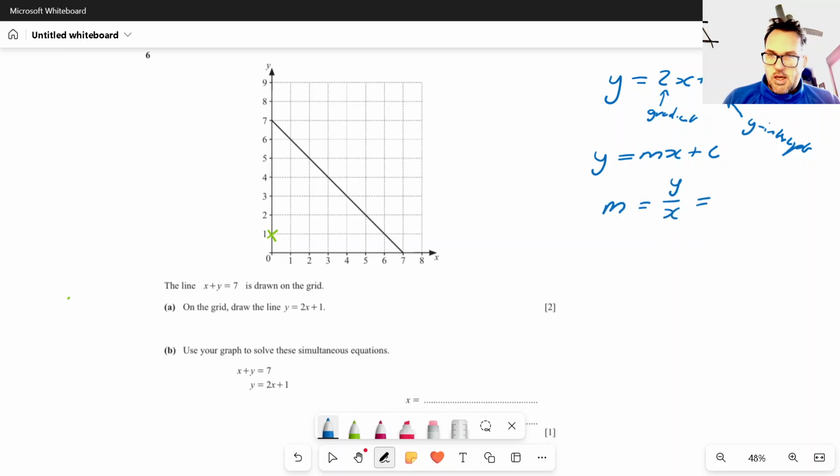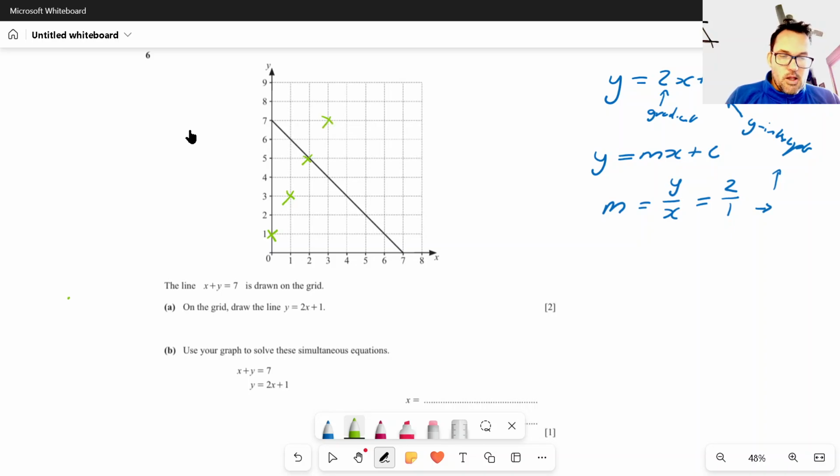So we can say this will be 2 over 1. Means for every 1 square we go on the x-axis, we need to go 2 squares up. So we go 1 square to the side, 2 squares up. 1 square to the side, 2 squares up. That will be the line.